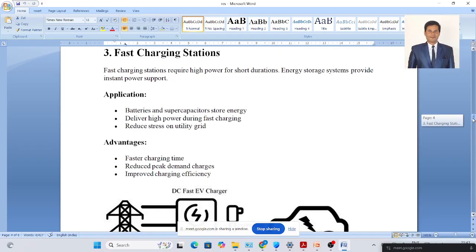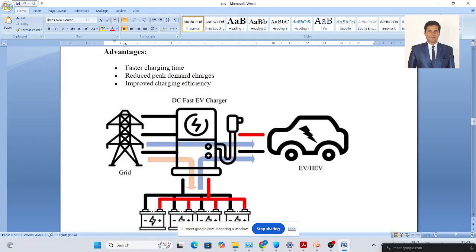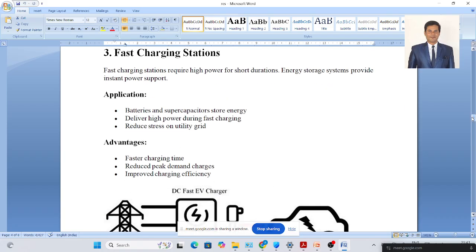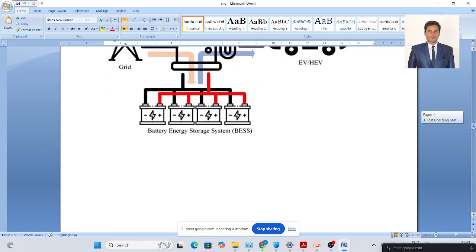What is the benefit of fast charging? It helps us charge very quickly, and it also improves our charging efficiency if you build a fast charging station, right?